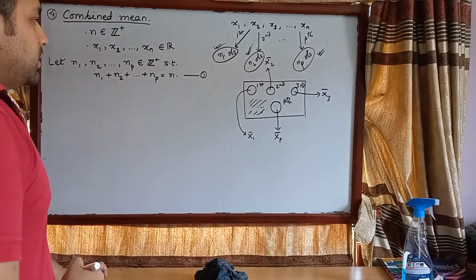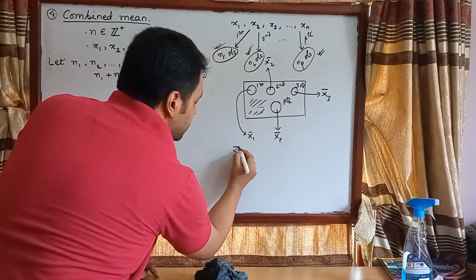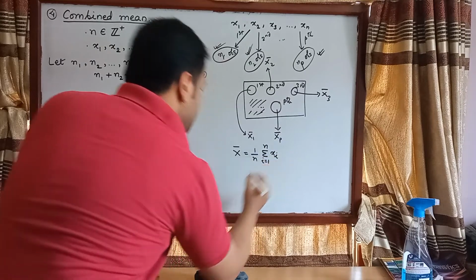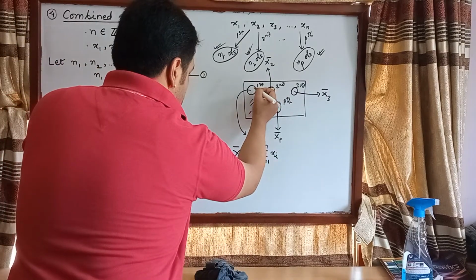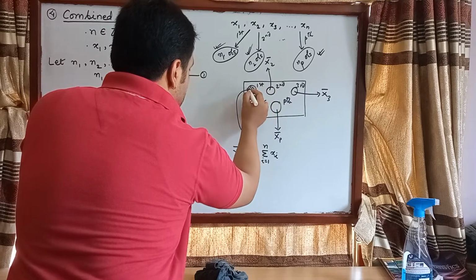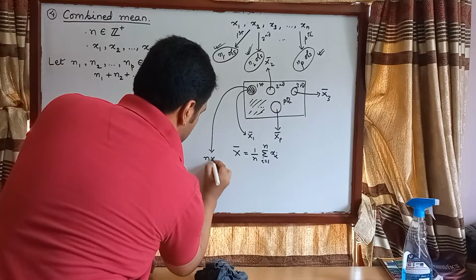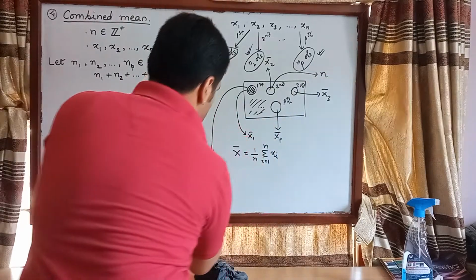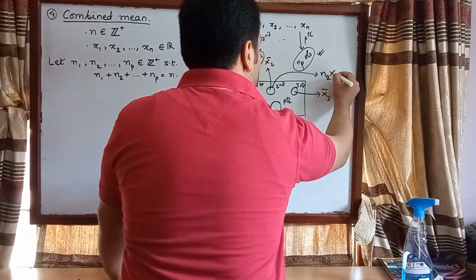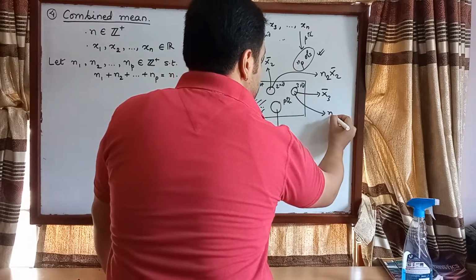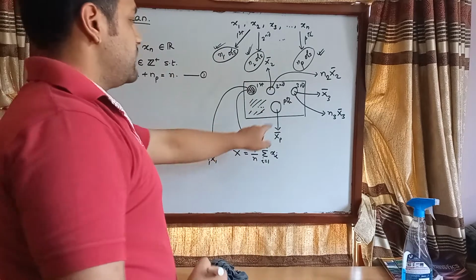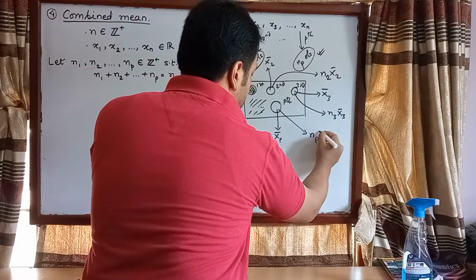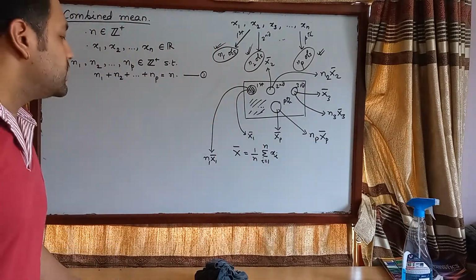We know that the arithmetic mean is equal to 1 over n times the sum of observations, so for this group the sum of observations is n1 x1 bar, in this group n2 x2 bar, in this one n3 x3 bar, and similarly in the pth group the sum of observations is np xp bar.